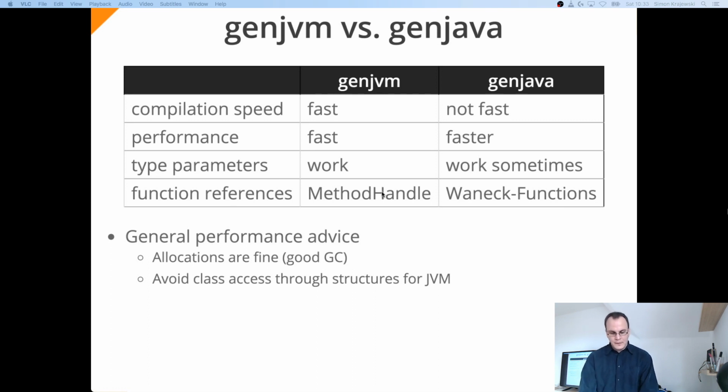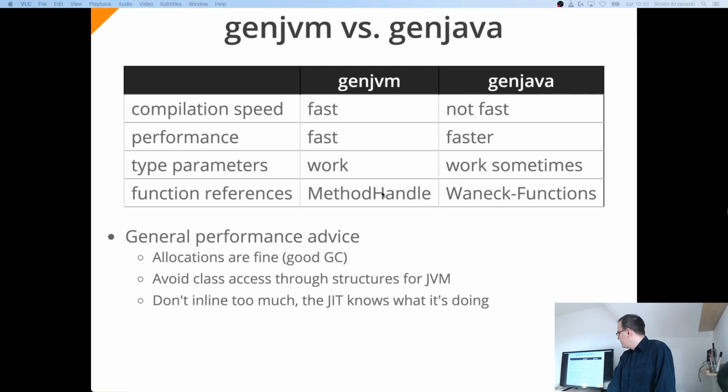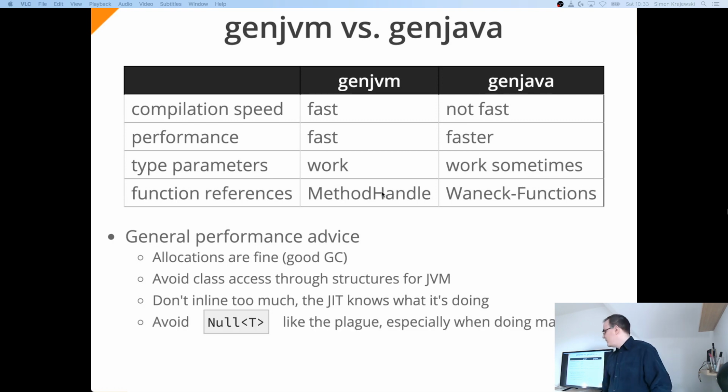And my advice is also to not inline too much in Haxe, because the Java JIT kind of knows what it's doing. I think that's true for JavaScript too, in many cases, so don't over-inline, use inline judiciously, and definitely avoid nullability like the plague, especially when doing any kind of math, because if you add two nulls together, the runtime has to check, okay, is the first one null?